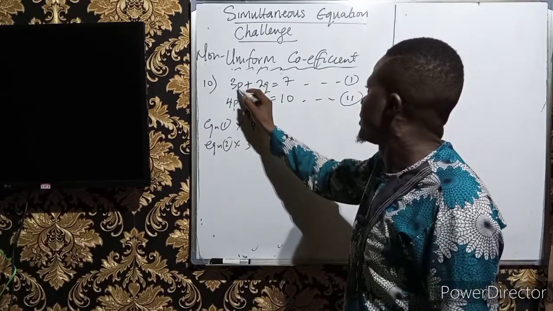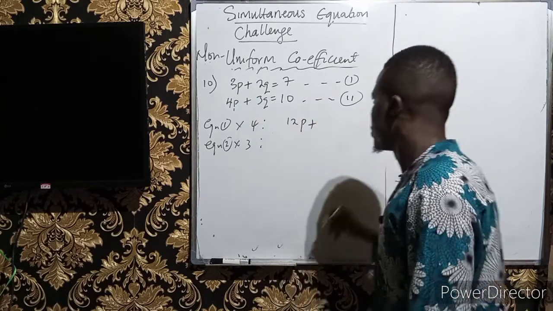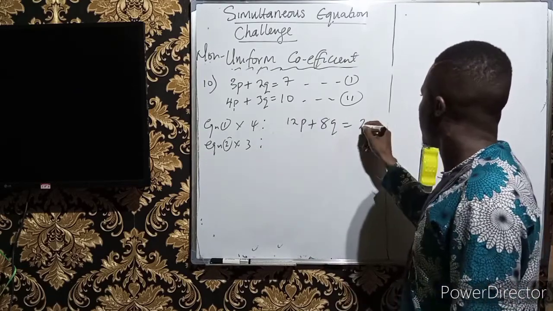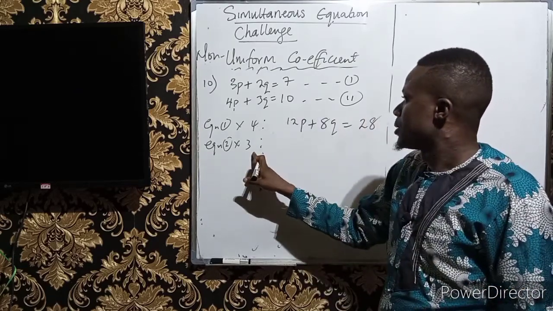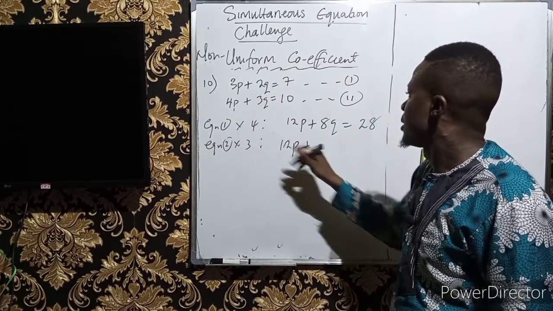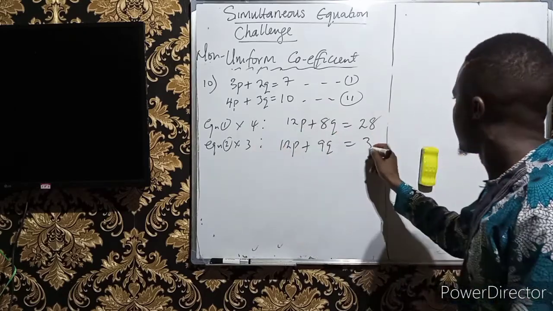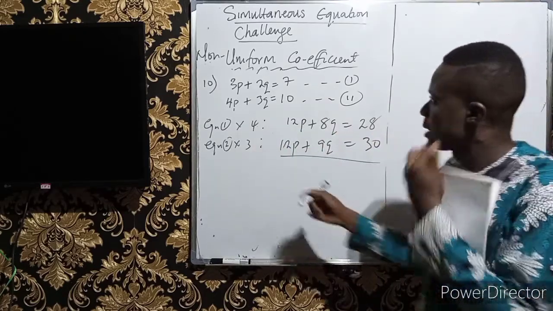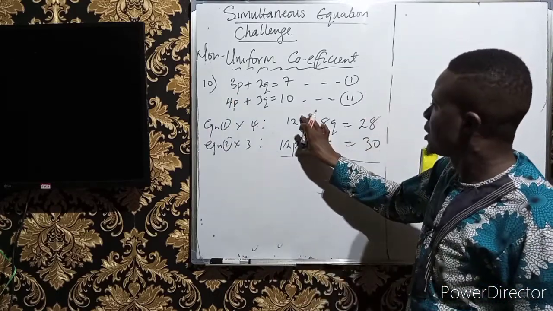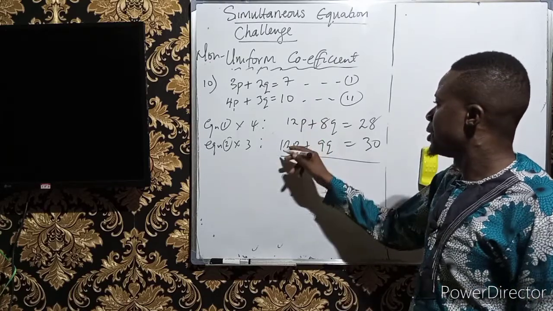So 4 times 3p is 12p, 4 times 2q is 8q, 4 times 7 is 28. 3 times 4p is 12p, 3 times 3q is 9q, 3 times 10 is 30. You've seen by interchanging their coefficients to multiply, we got the same coefficients in p. So that makes them equal.